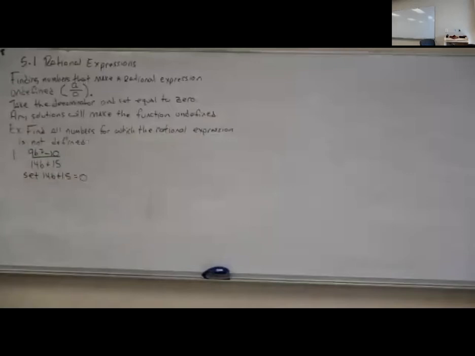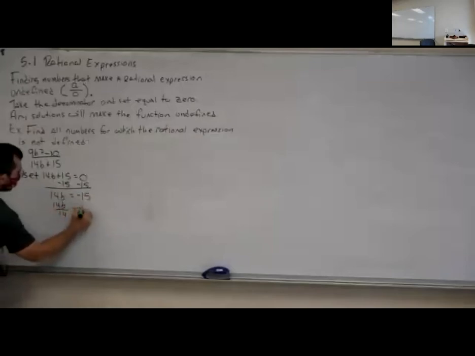So we basically want to get our b by itself. So I'm going to subtract that 15. And that'll give me the 14b equals a negative 15. Then we're going to come in and divide both sides by 14. So that cancels and I get my b.